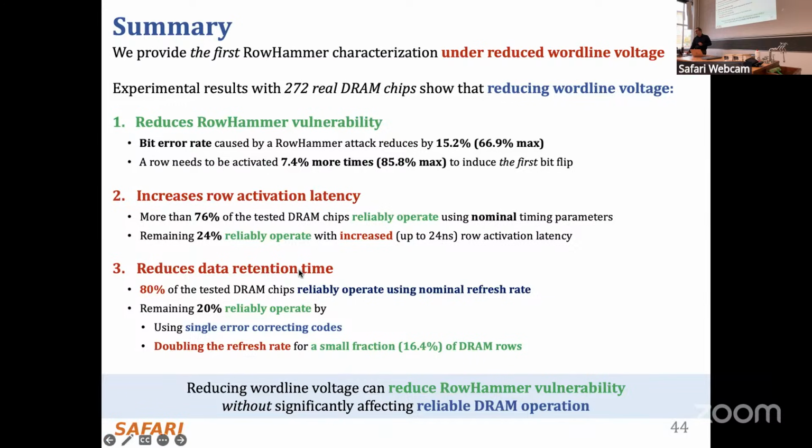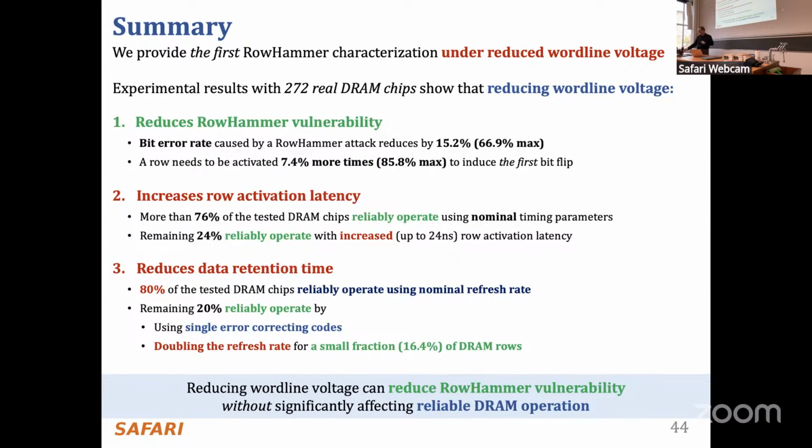For some rows that are affected, because you reduce the voltage level and your data retention time reduces, you add more ECC, for example, or double the refresh rate. So you can have solutions to this, and you can come up with a mechanism that reduces the RowHammer vulnerability without significantly affecting reliable DRAM operation. But this is very difficult to do because now you need to take into account all of these effects, and you need to make sure that all of these actually work under all possible conditions, right?